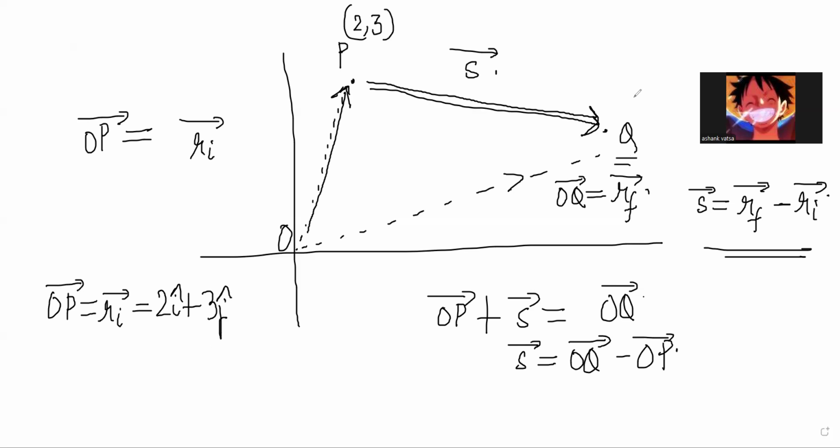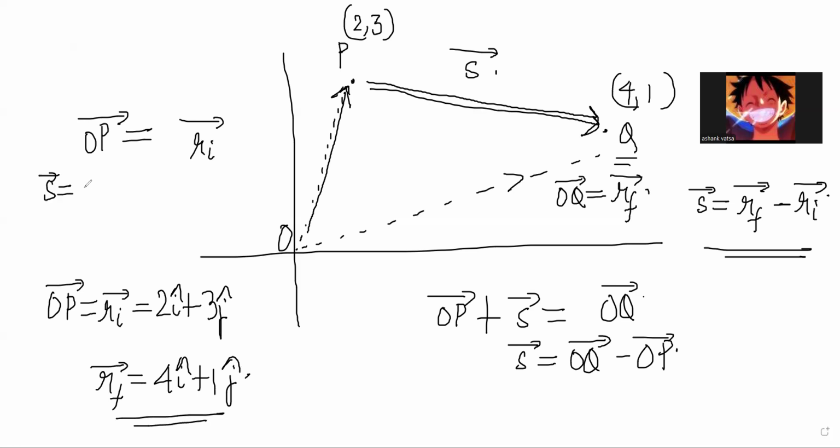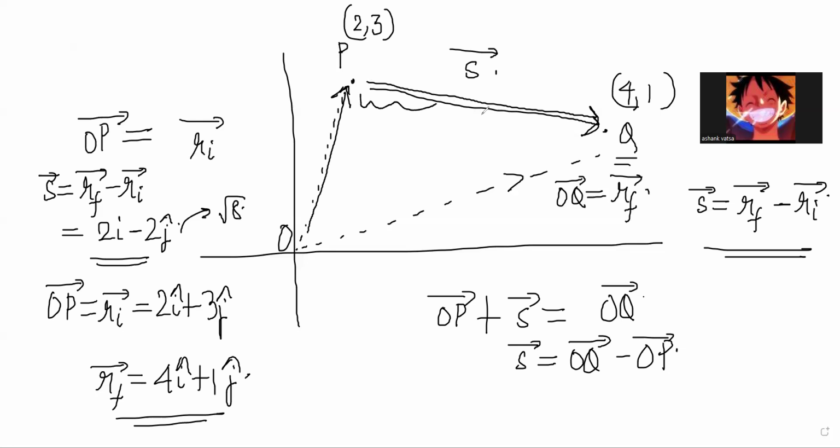If later Q was at the point (4, 1), your Rf is 4i plus 1j. And the displacement vector is the difference between final and initial position vectors, which is basically 2i minus 2j. And you can see that this displacement vector has length root 8, which is what you would get if you take this length.